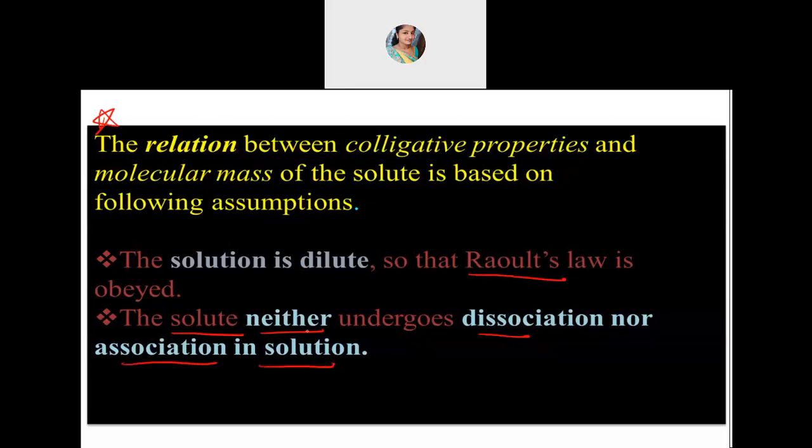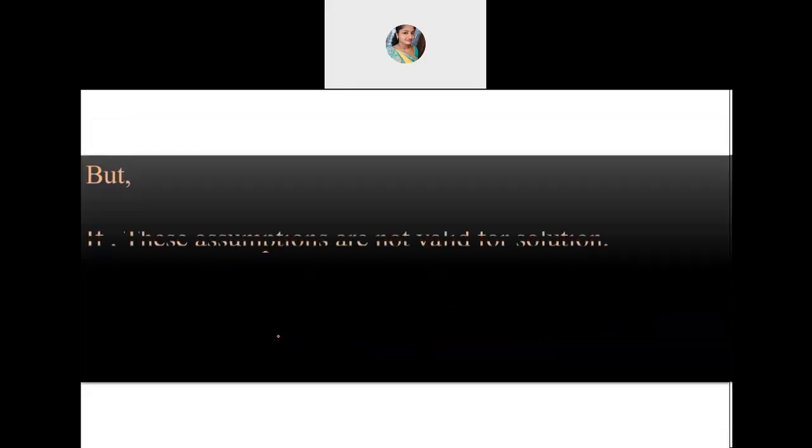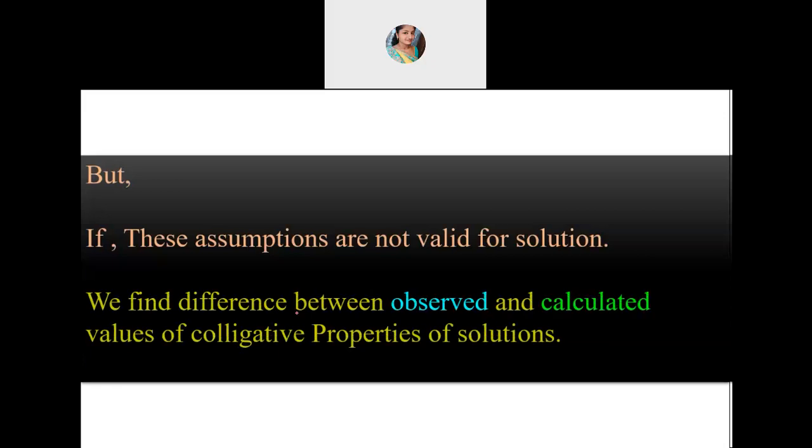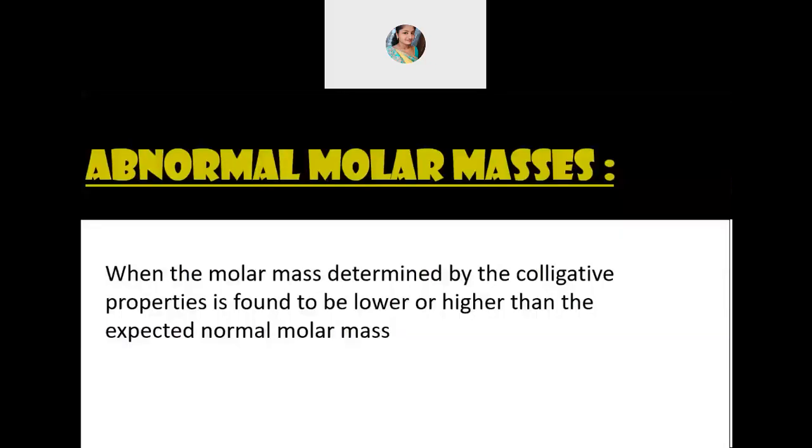If they don't, then you will get the correct answer for the molar mass. But our electrolytes are not like that. Electrolytes undergo dissociation, so this assumption is not valid. When it is not valid, your observed values will come different than the calculated value of the colligative property. That is our abnormal molar mass.